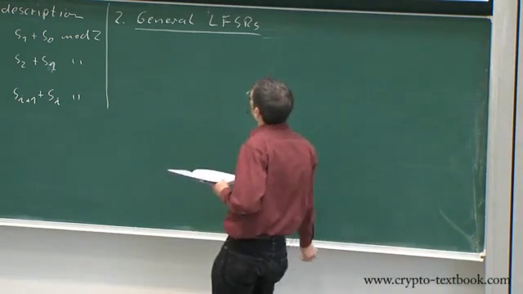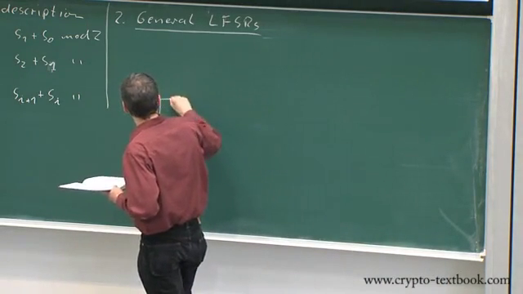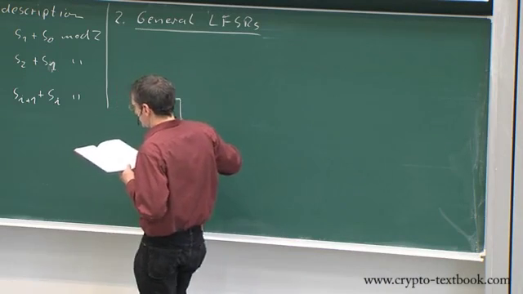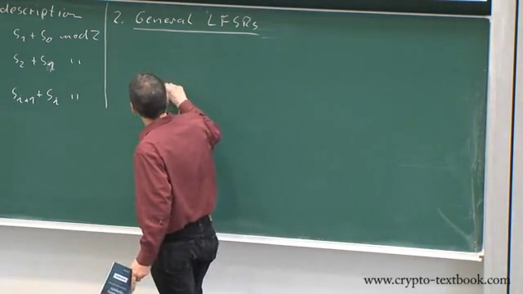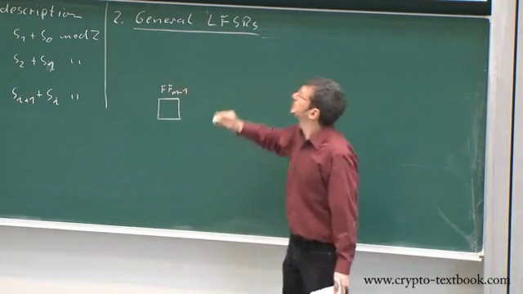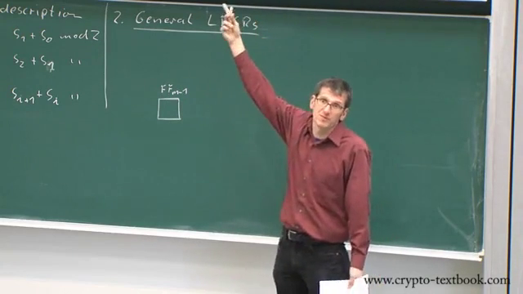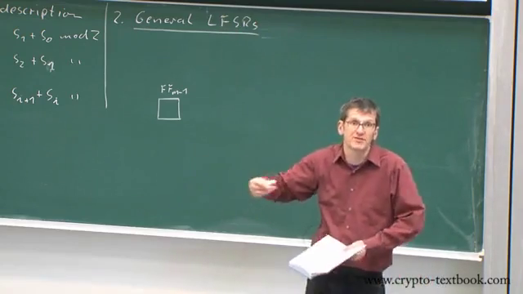Okay, so what we say this becomes flip-flop FF M minus 1. In the drawing before, that would be flip-flop number 2, okay? But now we don't have 3 flip-flops, but we have M flip-flops.